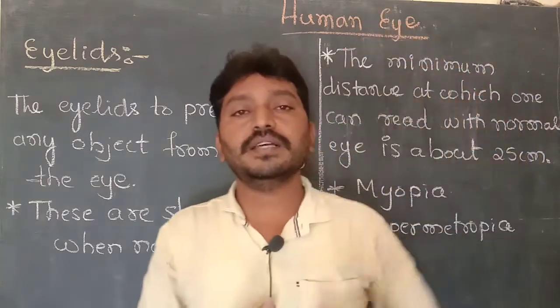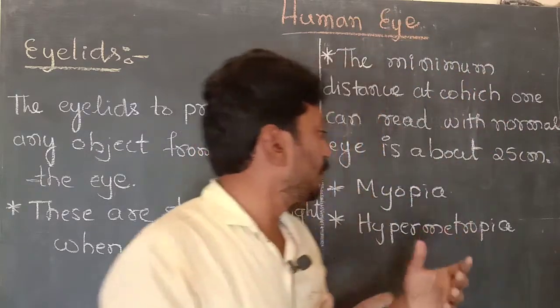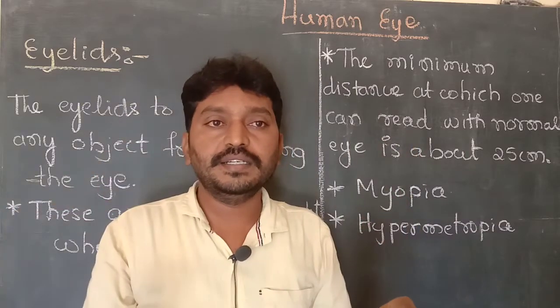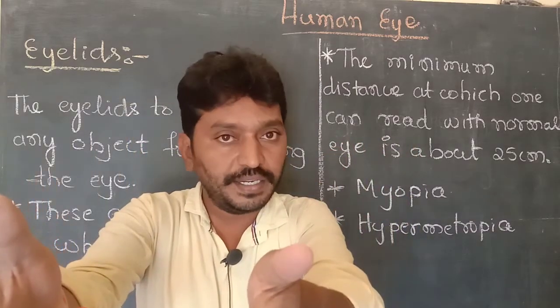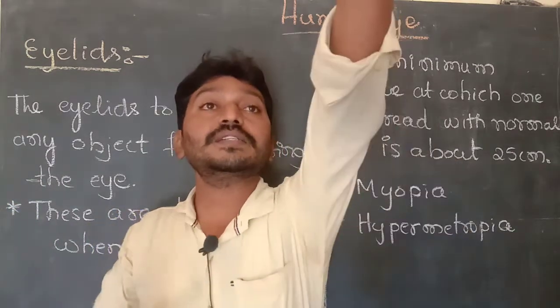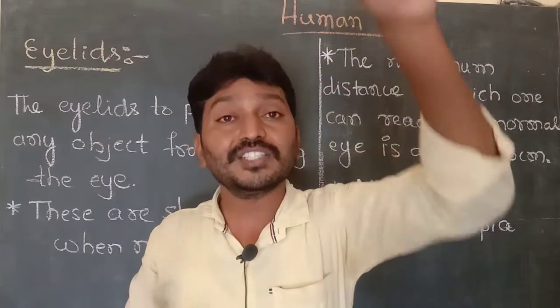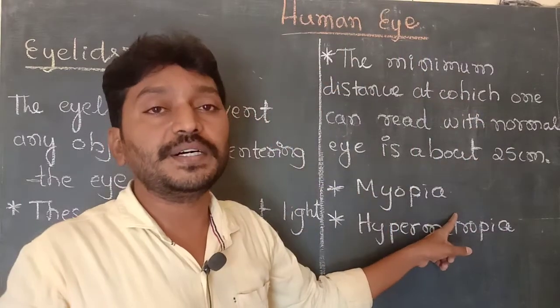In the next class, let's discuss that. But now my point: the person who can see nearby objects clearly but not distant objects, meaning far objects, that condition is called myopia.